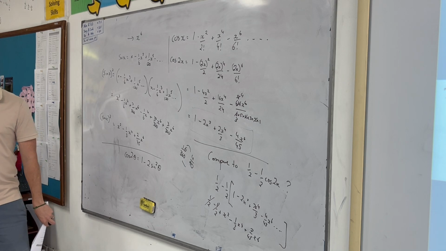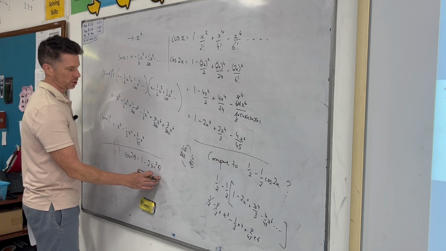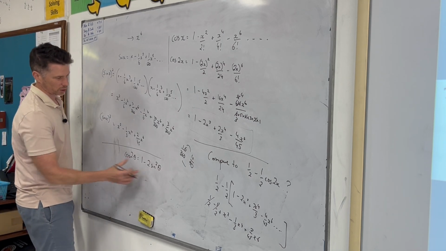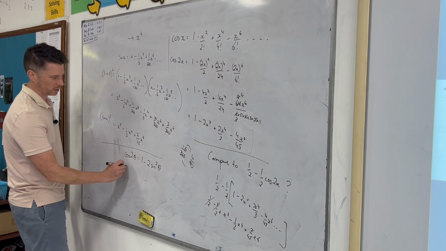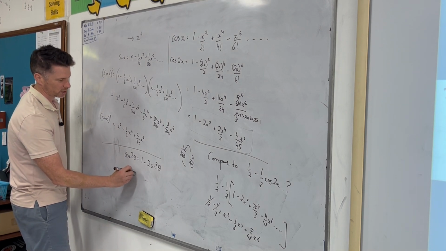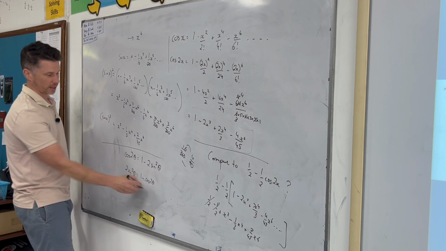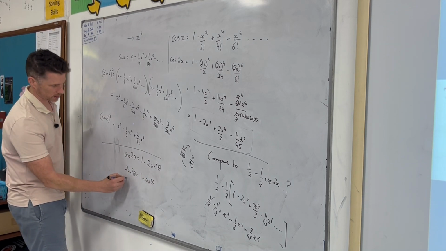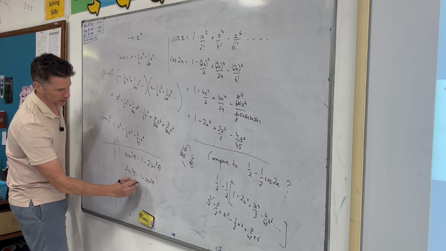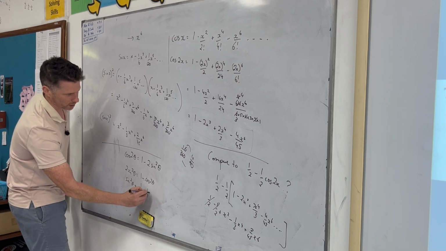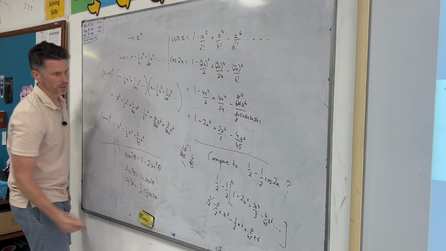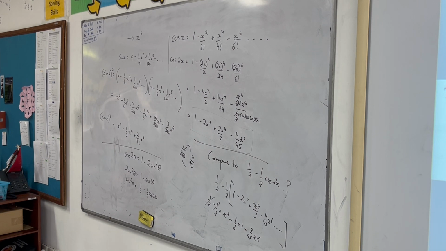So if you want to have 2 sine squared theta as the subject, you could rearrange this and write it. And then half everything. Sine squared theta, and half of this would just be half. Well, yeah, it should work out if it follows all rules.